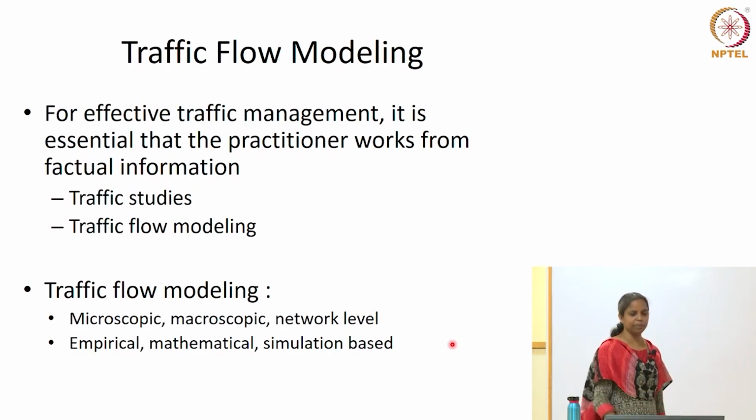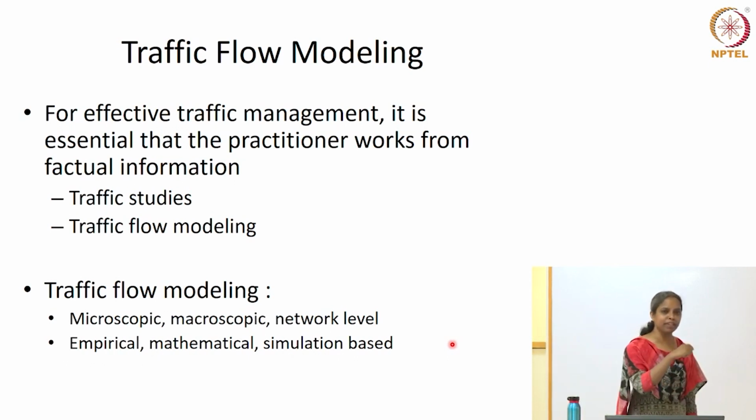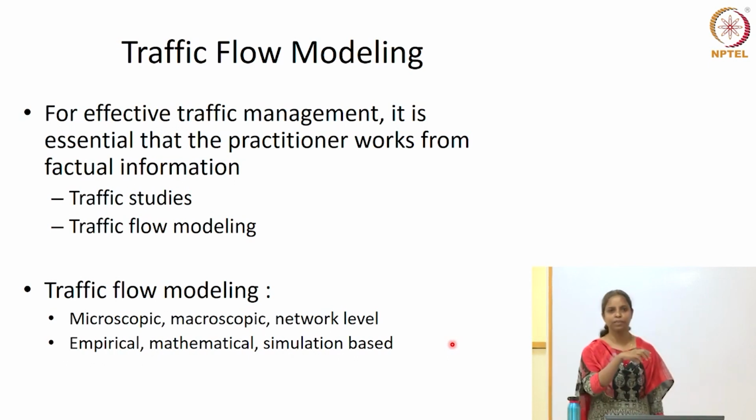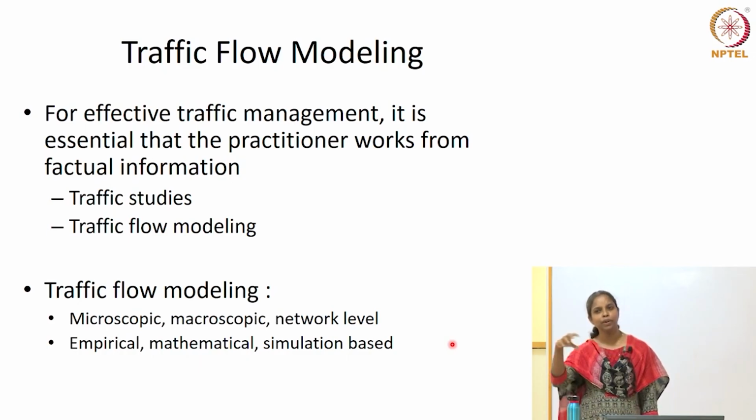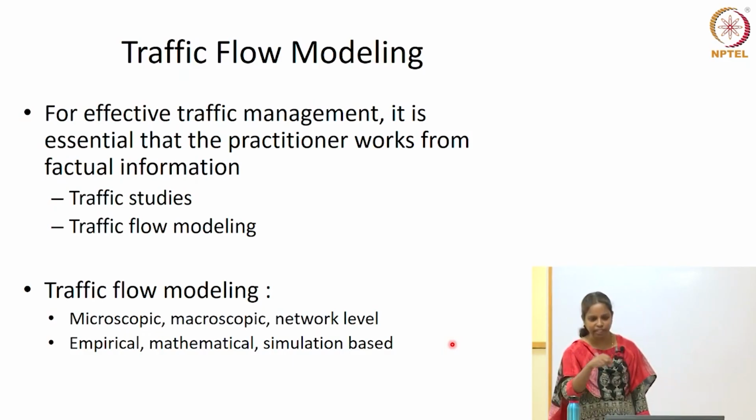That's where these terminologies come. There are microscopic models, which are individual vehicles, how do they move. The macroscopic models come out with equations or ways in which you will know how the traffic as a whole is moving. Then there is network level. In a city level, you don't model even at a road stretch how the traffic is moving.